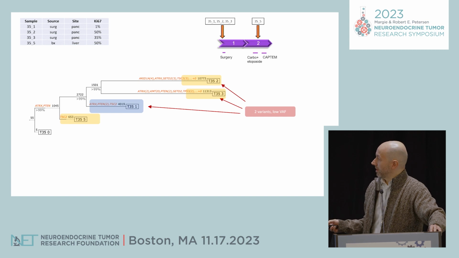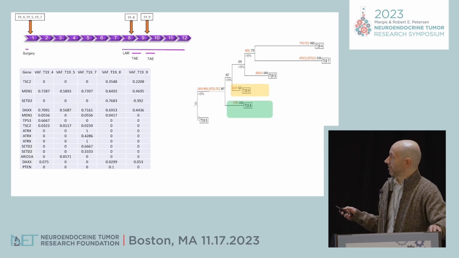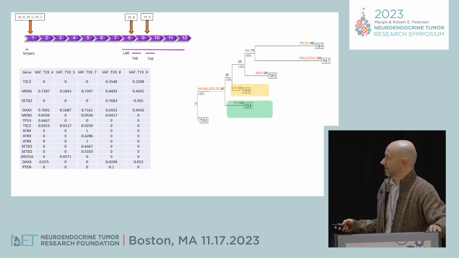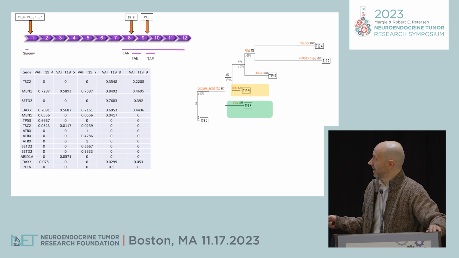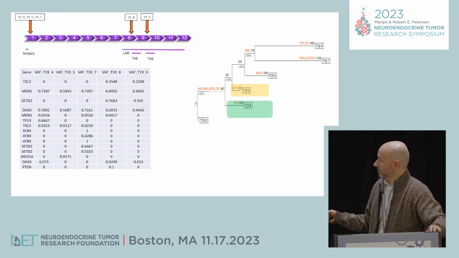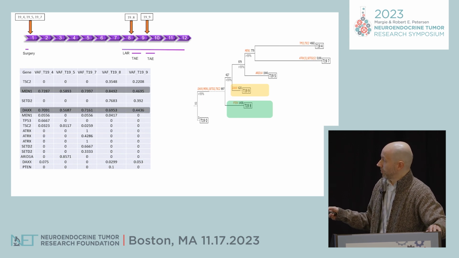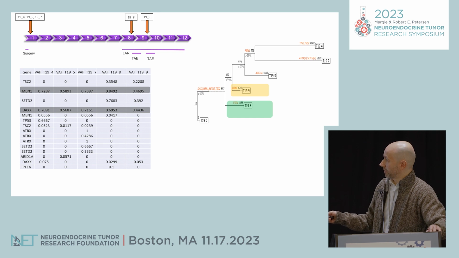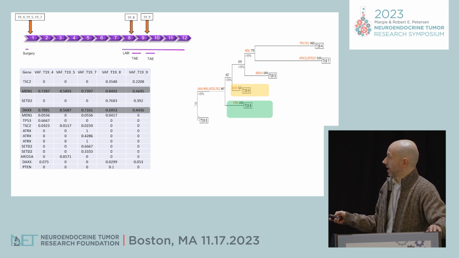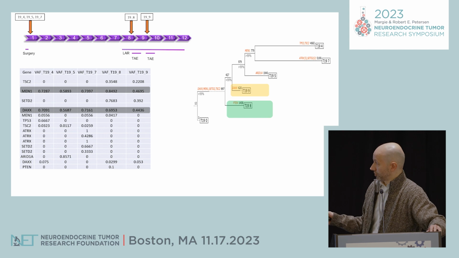And I think it's worth going through a little bit more in depth just to get a sense of how this is working. You can see just looking at the mutations that are common. For this patient, you'll see that MEN1 and DAXX are truncal, right? Sorry, I'm showing you variant allele frequencies, and these are all the specimens. And you see that the variant allele frequencies are high across all. So this is the truncal mutation.